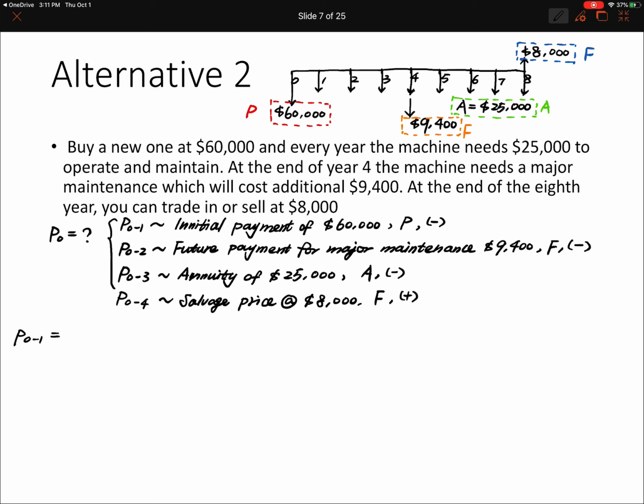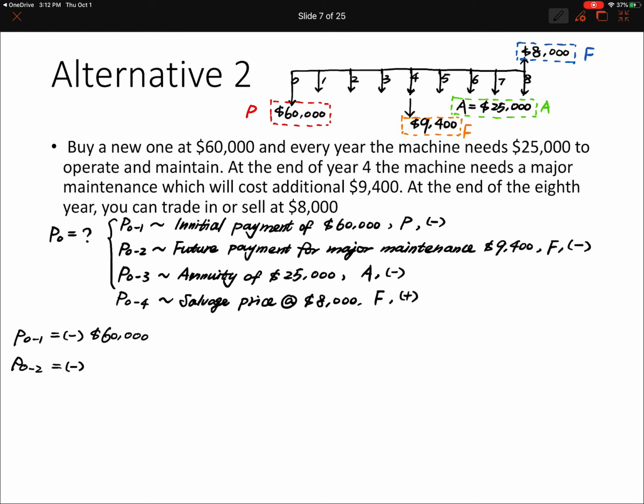P01 is already happening at the present time, time 0, so you don't have to do any compounding or converting. It is negative, of course, it's a cost, 60,000. So no calculation needed. P02, the part 2, is from the 9,400 future value, right? So negative.